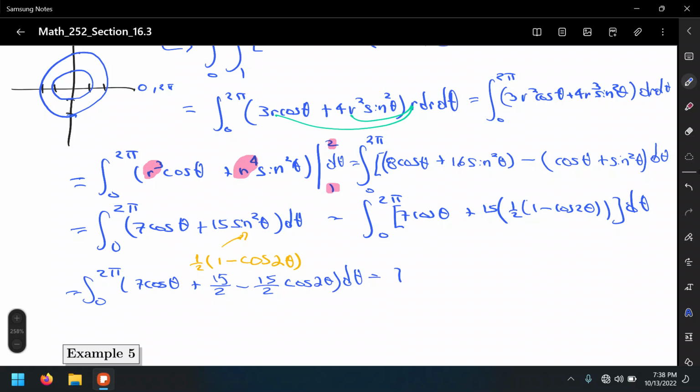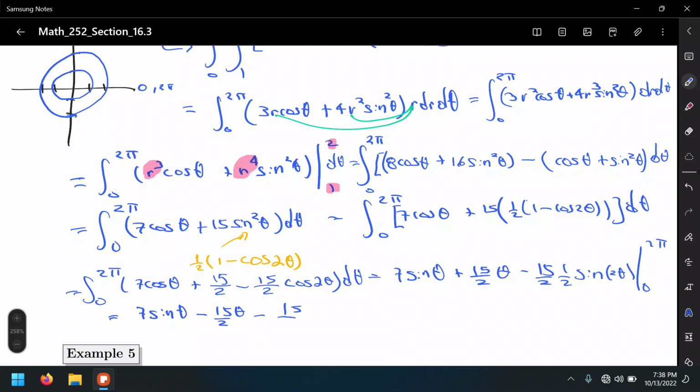So that's 7 sine theta plus 15 halves theta minus 15 halves sine 2 theta, but when we integrate this sine 2 theta, we should multiply by 1/2 and evaluate from 0 to 2 pi. So that'll become 7 sine theta plus 15 theta over 2 minus 15 over 4 sine 2 theta from 0 to 2 pi.